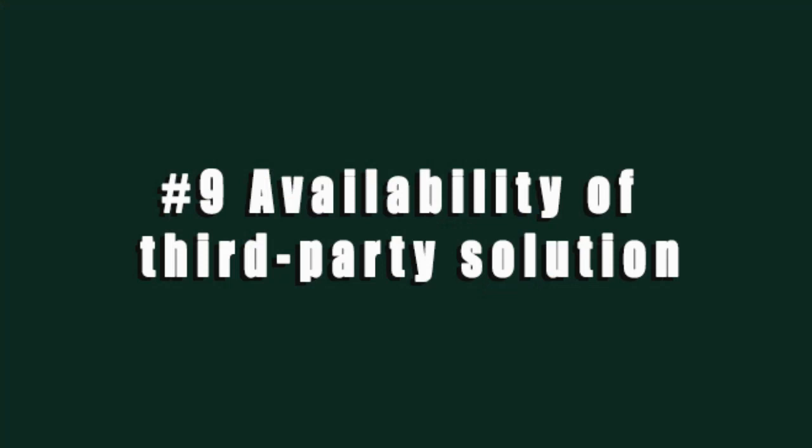The next, ninth point is what surround systems are available on cloud. When you are selecting a core banking solution, you should know how many upstream solutions are already available on the same cloud.